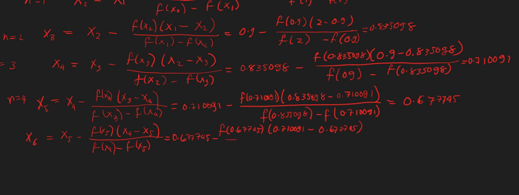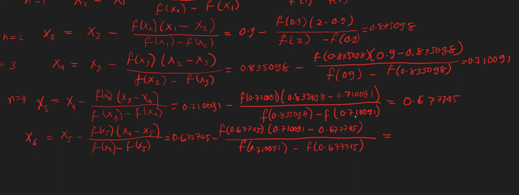Then all over f of 0.710091 minus f of 0.6777745. Then calculate this again.